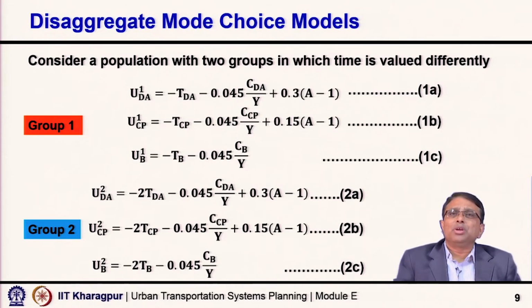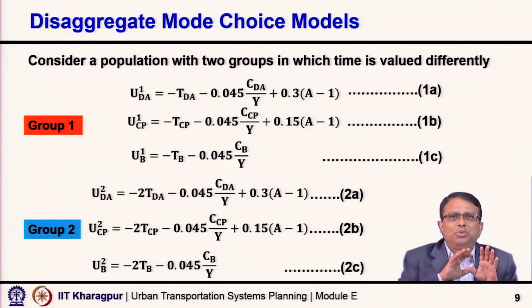Otherwise, also suppose you are not taking income, then because of income, high income and low income, the perceived value of travel time, and therefore, at the back end, the weightage on the travel time may not really be the same, may be different. So, we actually have two groups in the population, not one group, and for one group the weightage on the travel time is higher than the other group.